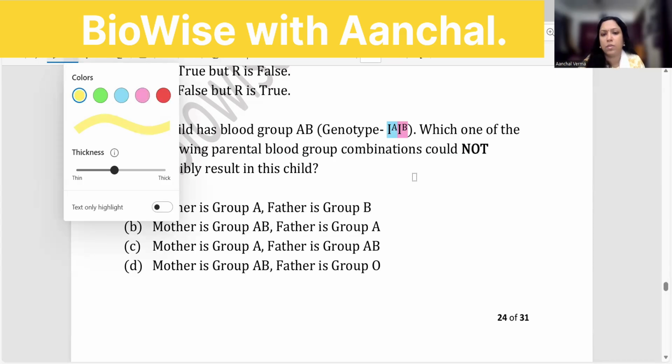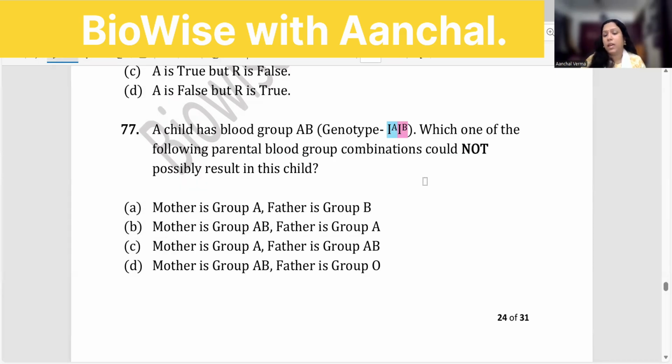Correct? For AB blood group, the parent has to be A or B. In all the cases, you have A, B, AB, A. So here this option, mother group is AB and the father group is O. Now what kind of children will be produced? It will be either A or B, but not AB.